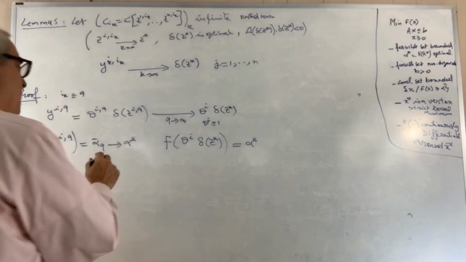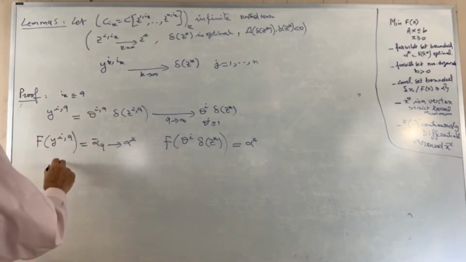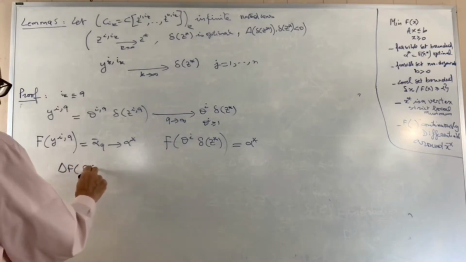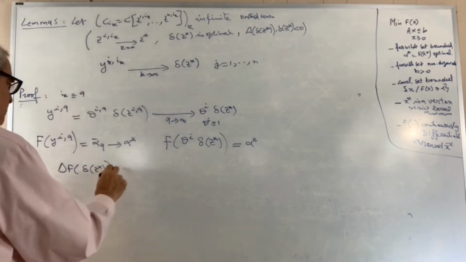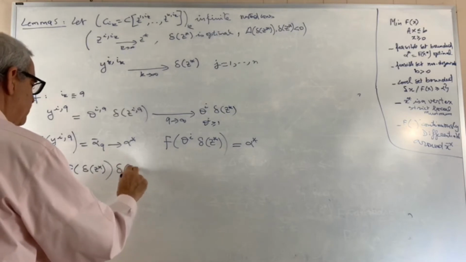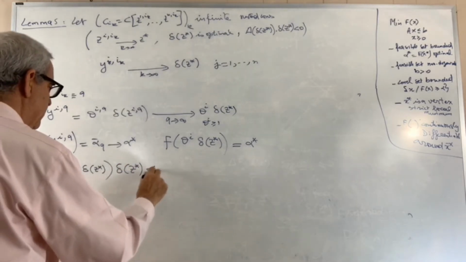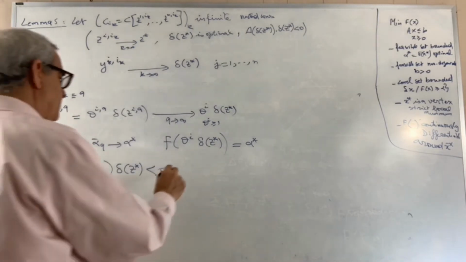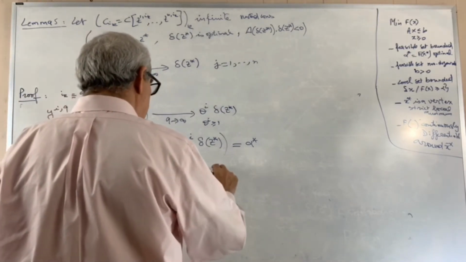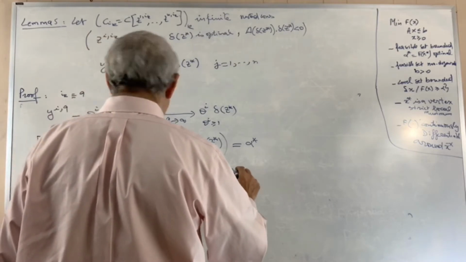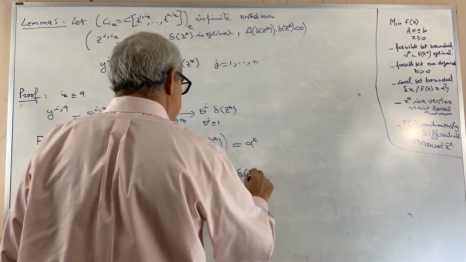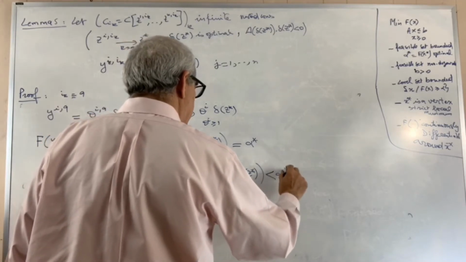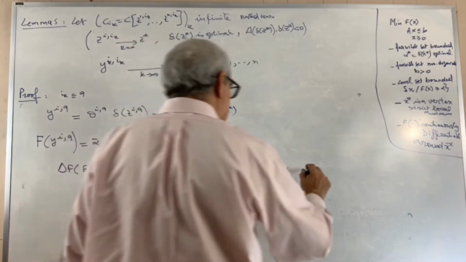All right, now because the directional derivative of f at delta star, gradient of delta z star times delta z star, is negative, this implies that f of gamma delta z star is strictly less than alpha star for gamma greater than or equal to 1.